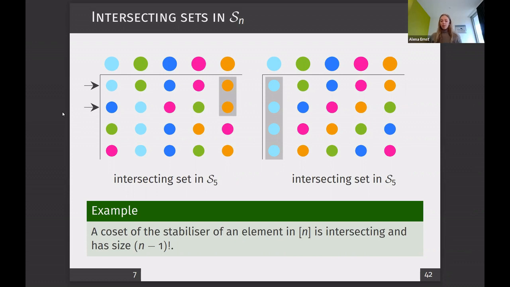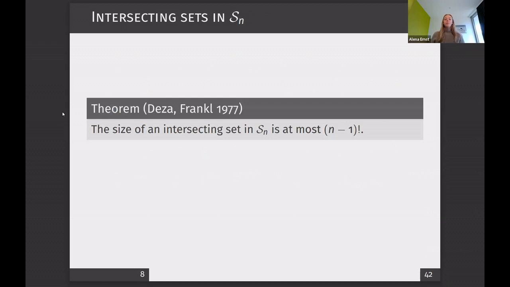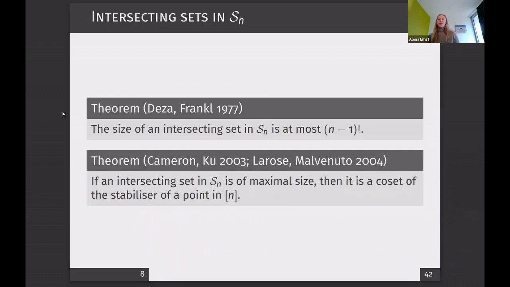And they play a special role because it was proved that the size of an intersecting set in a symmetric group is in fact bounded by the size of the stabilizer of a point. The characterization of the extremal case took a little bit longer to prove, but it was in fact proven as well that an intersecting set in the symmetric group of maximal size is a coset of the stabilizer of a point.